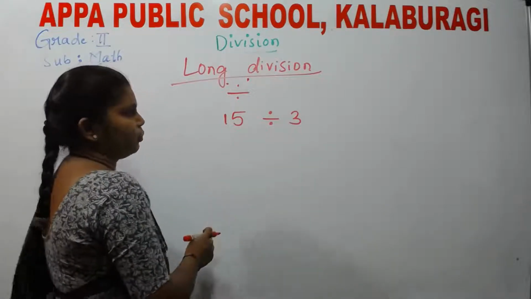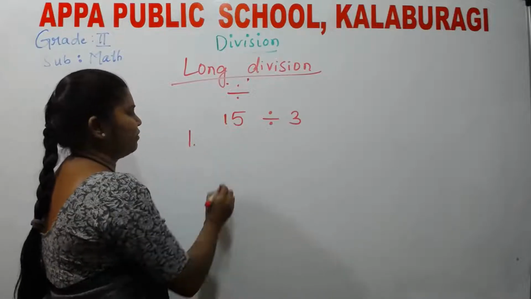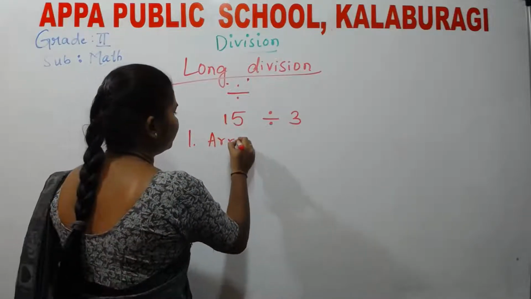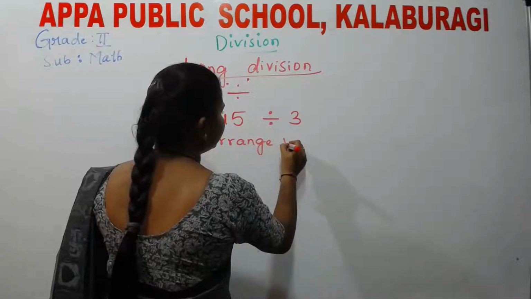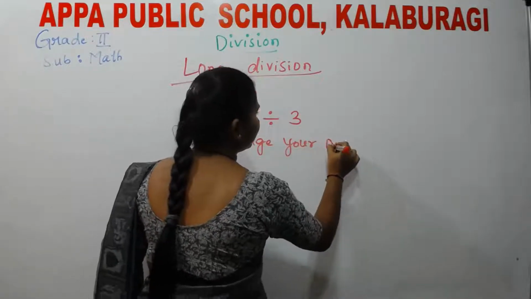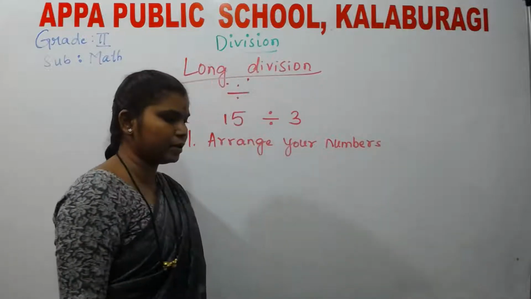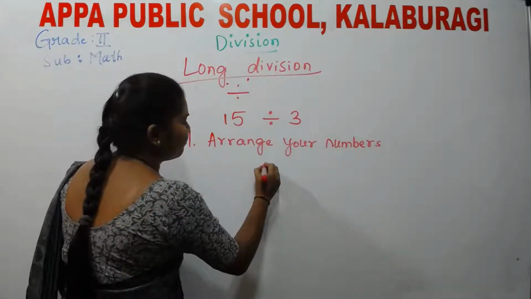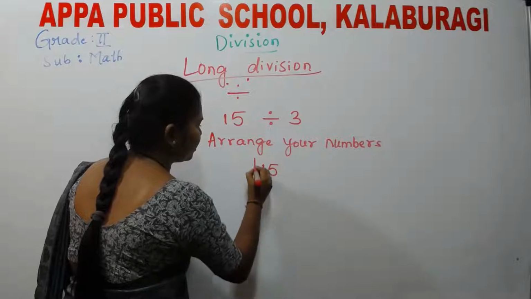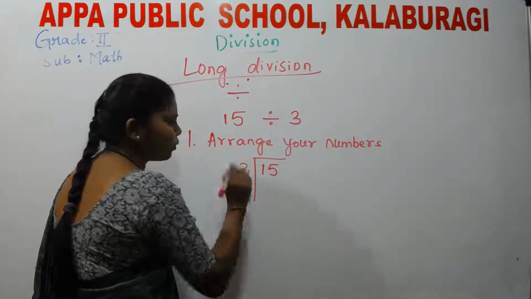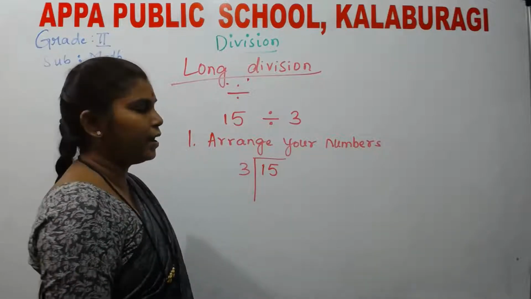First step, what you have to do is arrange your numbers. How are we going to arrange these numbers? So 15, this is how we are going to arrange your numbers.